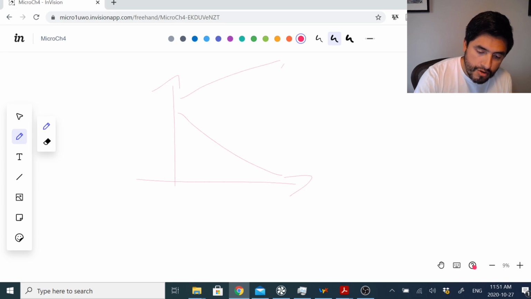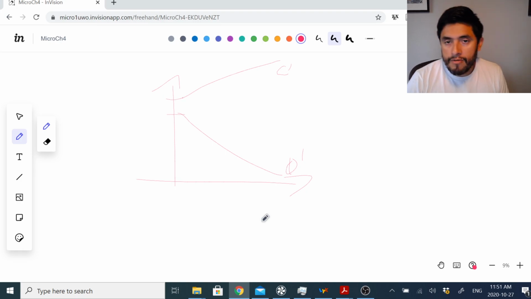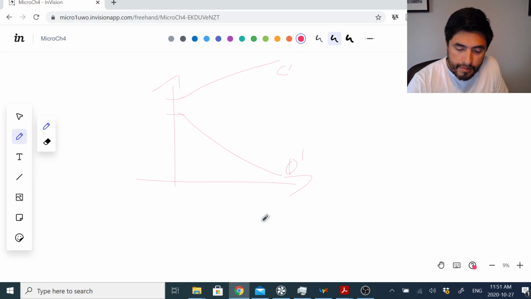So this is of course the marginal cost, and this is marginal utility. So this is a counterexample of the condition I gave you. So therefore there is no equilibrium.